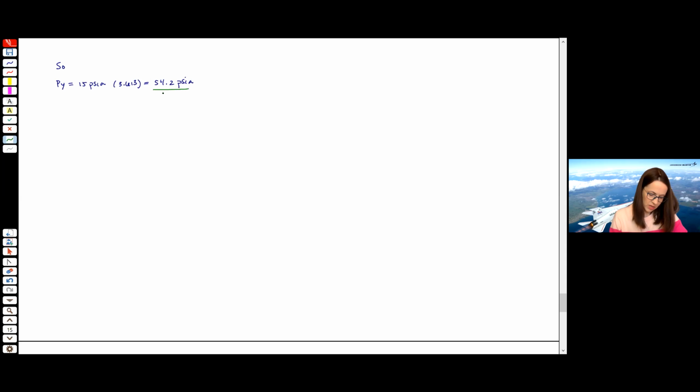And this is one of the things they asked us for, so we'll go ahead and underline that. Our stagnation pressure downstream of the shock is 86.2 psia times 0.813, which is 70.1 psia.